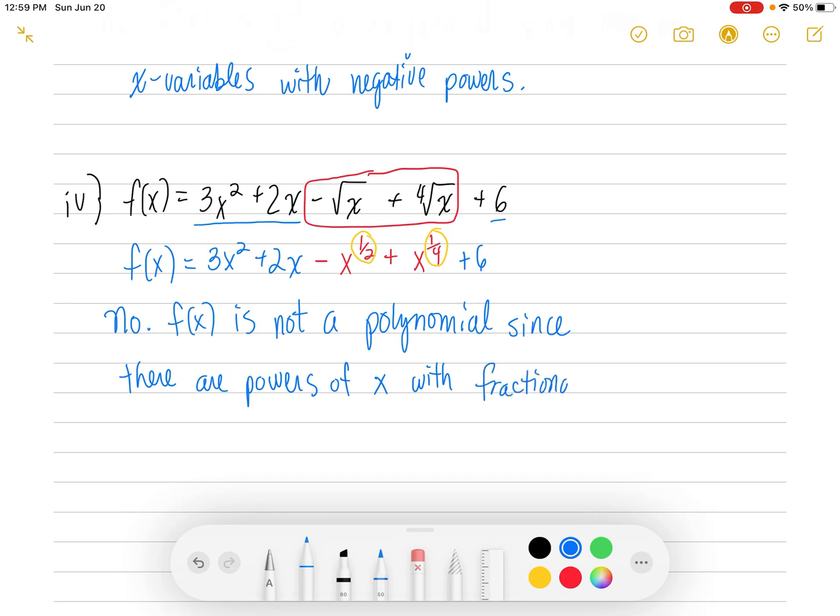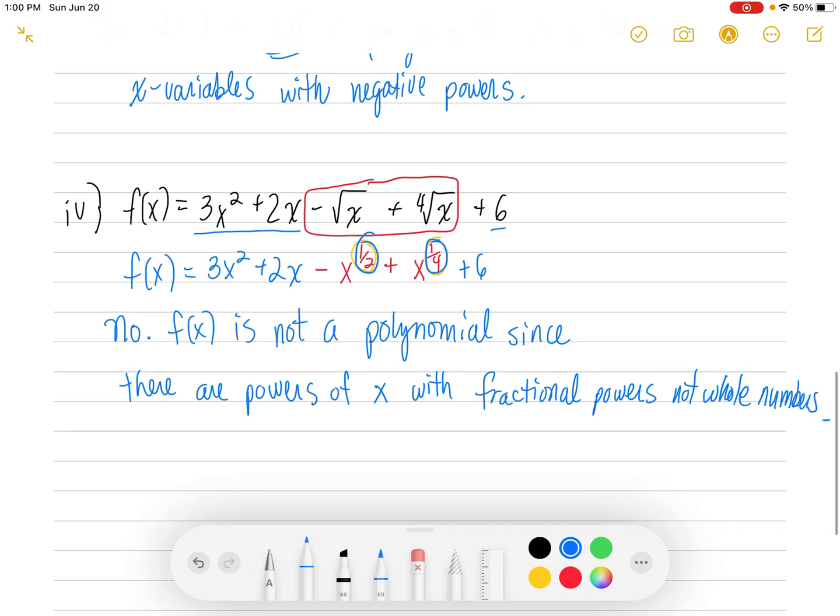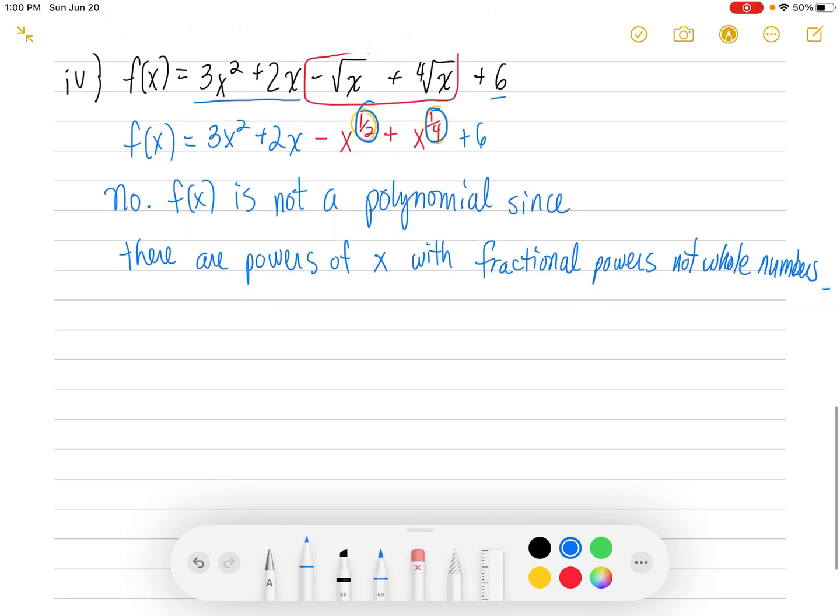Fractional powers that are not whole numbers. Yeah. So these fractions, 1/2 and 1/4, they're fractions that are not whole numbers.